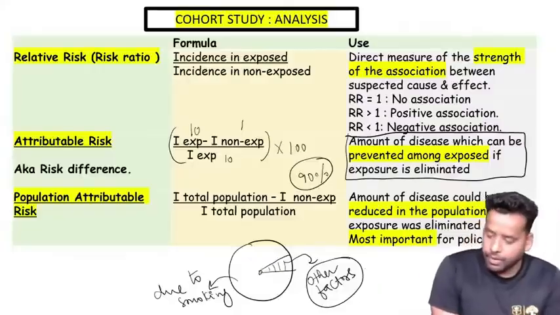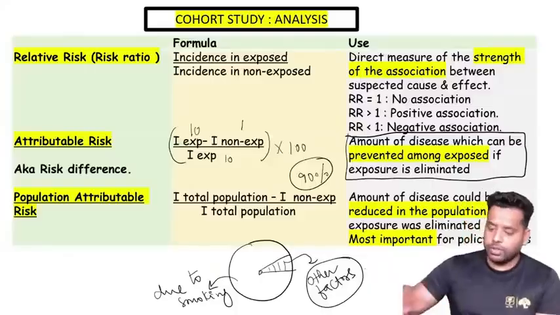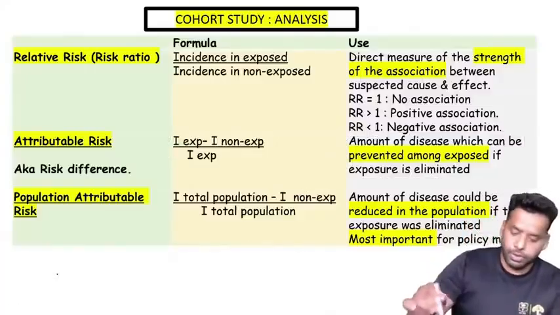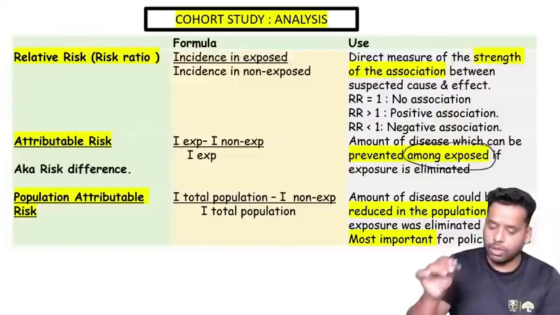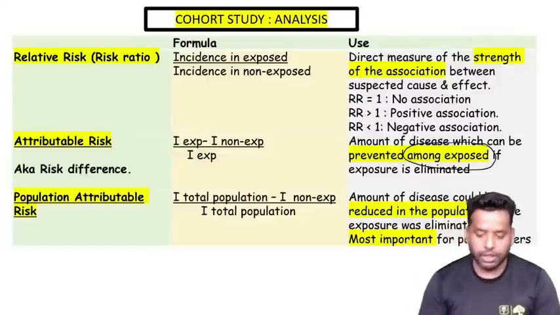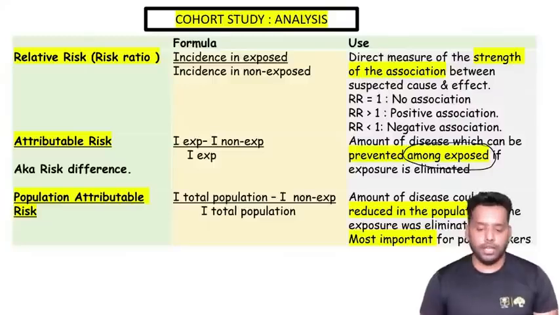Yes, good. Means attributable risk can indicate how much of the disease you can prevent among exposed group if the exposure is eliminated. Tell me true or false. Next question. How much amount of disease can be prevented among exposed group if the exposure is eliminated?